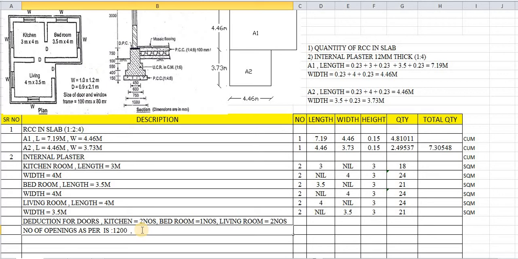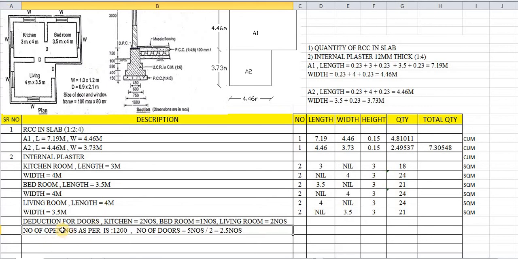Therefore, number of doors is equal to the total calculated here as 5 numbers, divided by 2, which comes to 2.5 numbers.